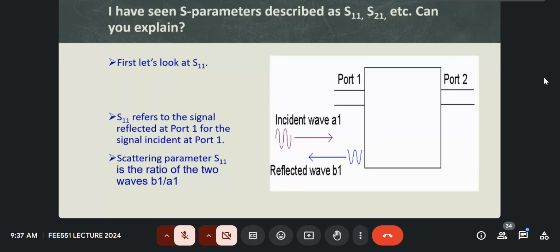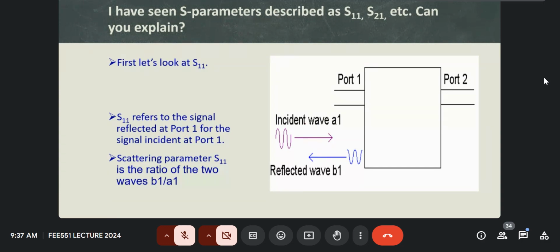Okay, from Abel's presentation, we've seen him represent S11, S21. Maybe someone could tell us what S11 means. I'm picking a random person. Denver, what does S11 mean? Okay, S11 refers to the signal reflected at port 1 for signal incident at port 1.